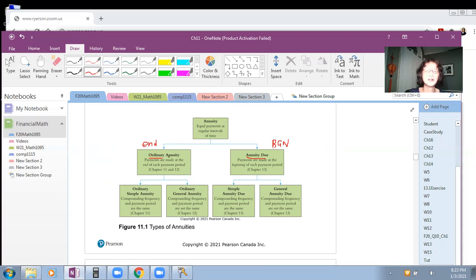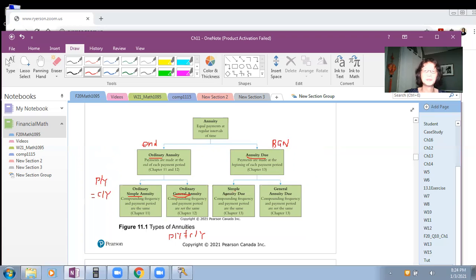When it is an ordinary annuity, we have ordinary simple annuity and ordinary general annuity. Simple means the number of payments per year, PY, equals the number of interest conversion periods per year, CY. General means PY is not equal to CY.